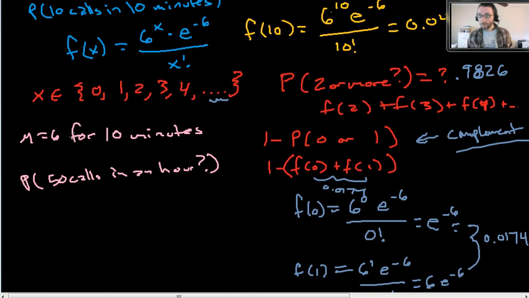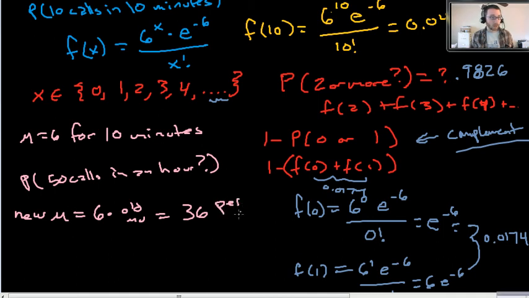Mu is a totally different distribution. If it's 6 calls for 10 minutes, an hour is 60 minutes, so we have a new mu, which equals 6 times our old mu, which is 36. If they get 6 calls for 10 minutes, then they get 36 calls per hour. And so that's what I'm going to be dealing with here. 36 calls per hour.